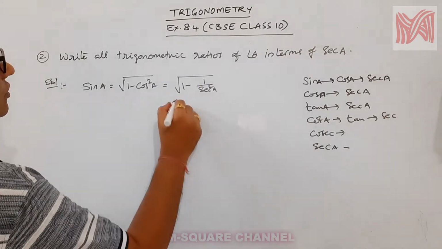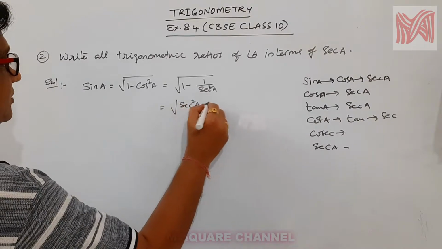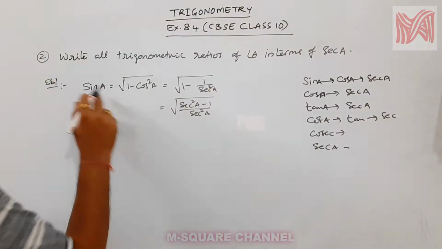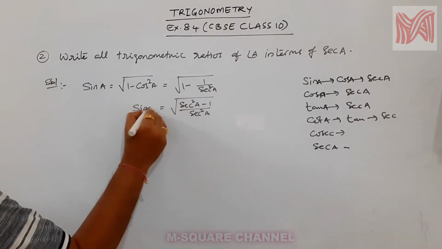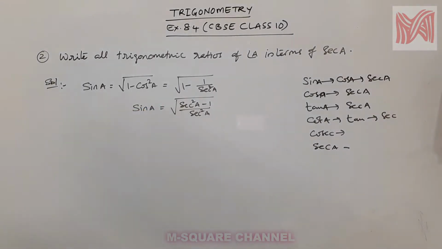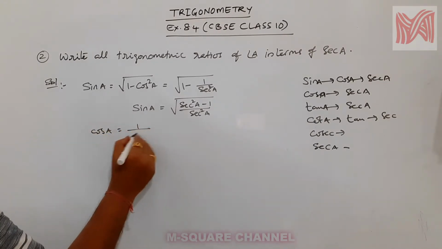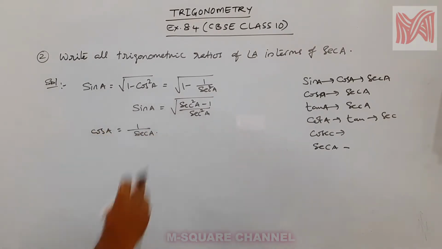Next one is root of secant square A minus 1 by secant square A. So sin A converts into secants. Next, cos A. So directly we can write 1 by secant A.